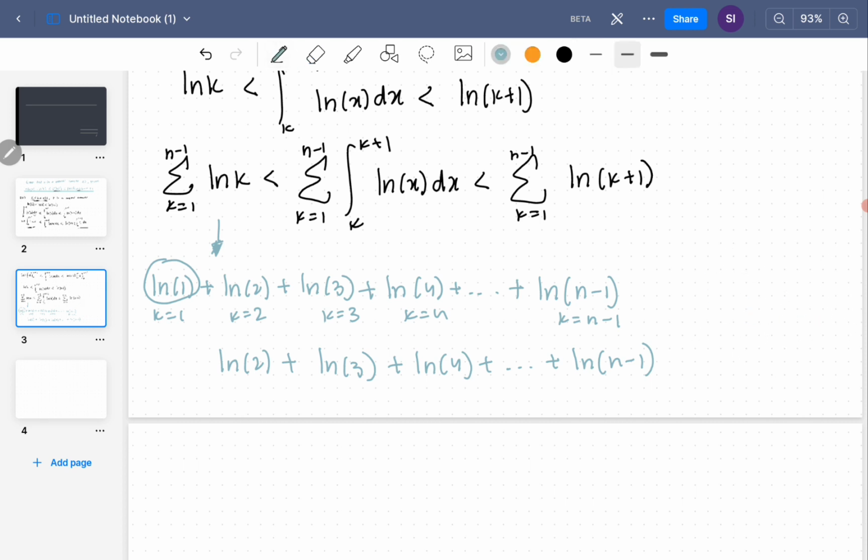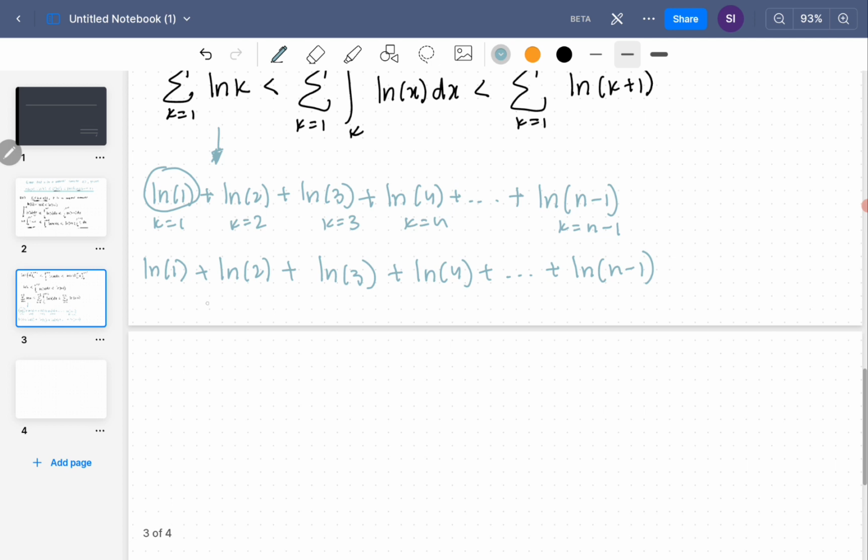We see that we have this natural log n minus 1, and then we end at 2. And we also have a natural log of 1. So I'll just write it so that I can show you guys how we arrived at that factorial. We see that over here, this is actually just n minus 1 factorial, because we're getting n minus 1.